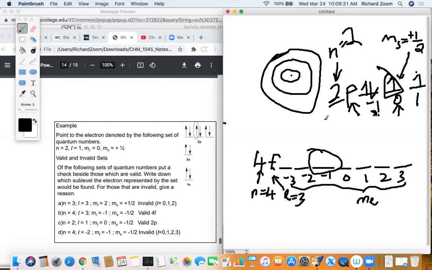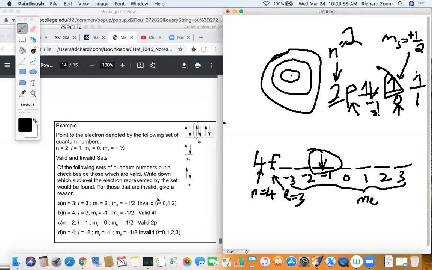I have a question about the plus or minus 1/2. Could you just go over that real quick again? Like, how is it negative or how is it positive? Well, if it's pointing up, it's positive. If it's pointing down, it's negative. This specific one is negative 1/2. Okay, I see. So it's just pointing down. So that would be the setup.